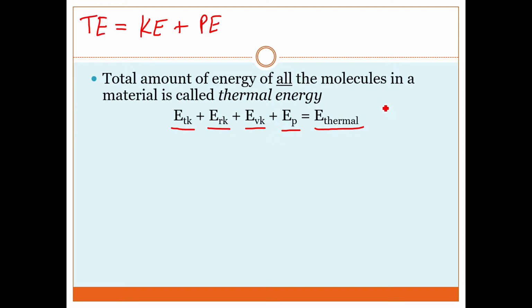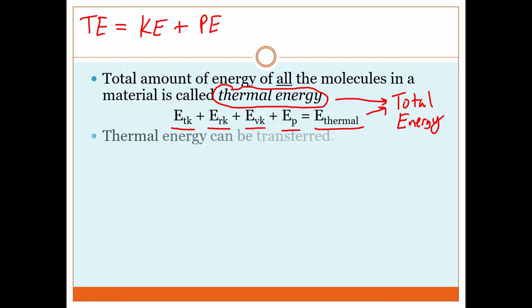Okay, and thermal energy is really just another name for total energy. So like I said, thermal energy has a very specific meaning in physics. In this case, it is total energy. Now, thermal energy can be transferred.